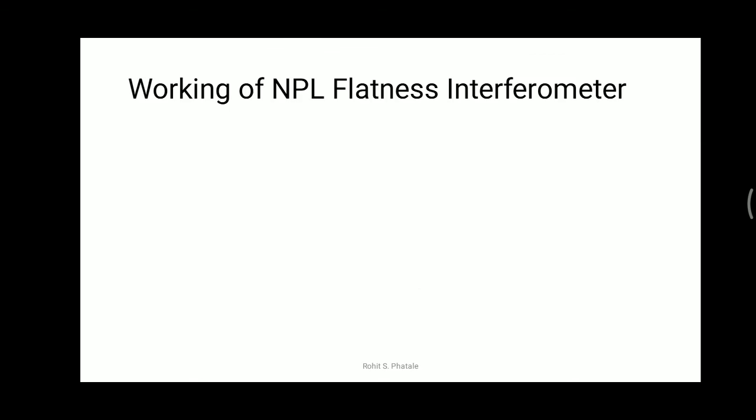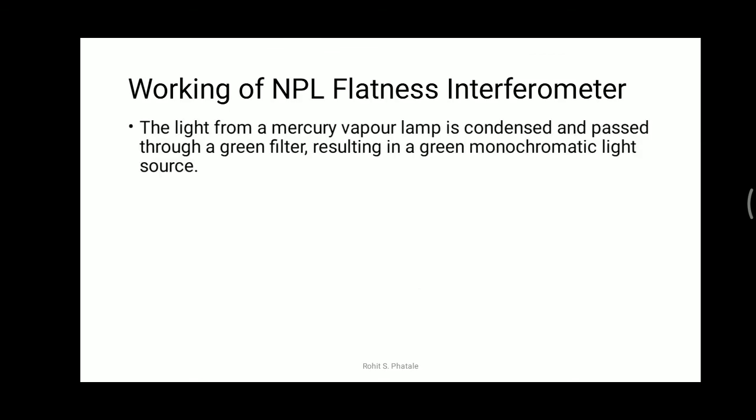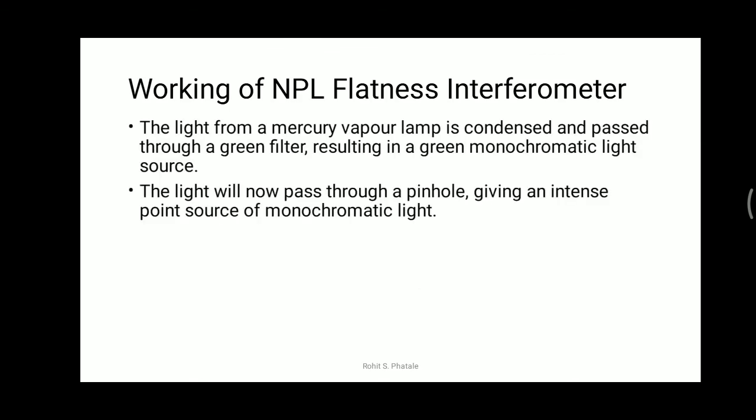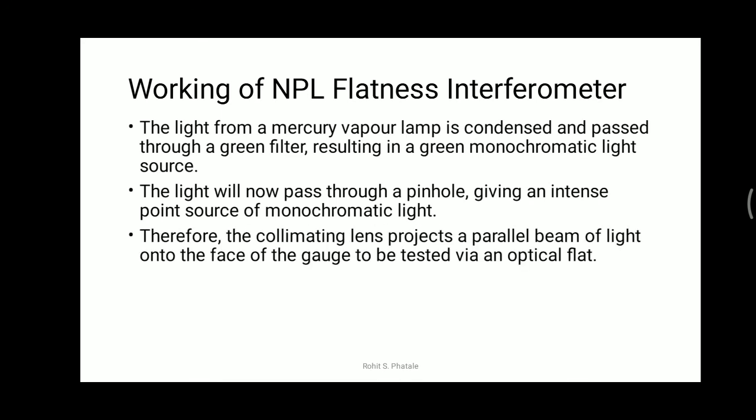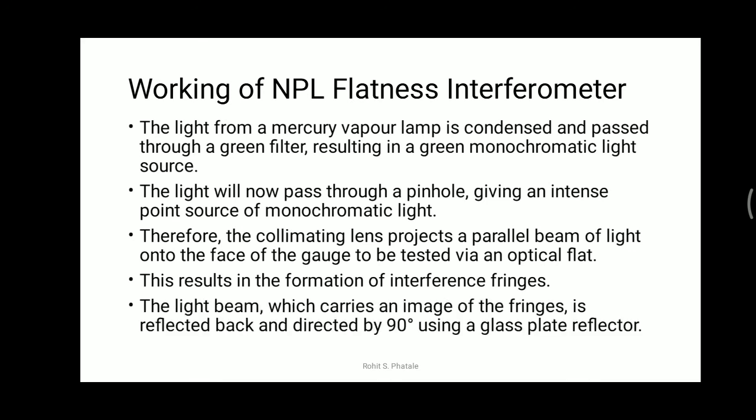Okay, now these are the points of working of the flatness interferometer that I have already discussed in the working section or in the previous slides. So you can go through this, or refer to these slides, in order to get some notes.